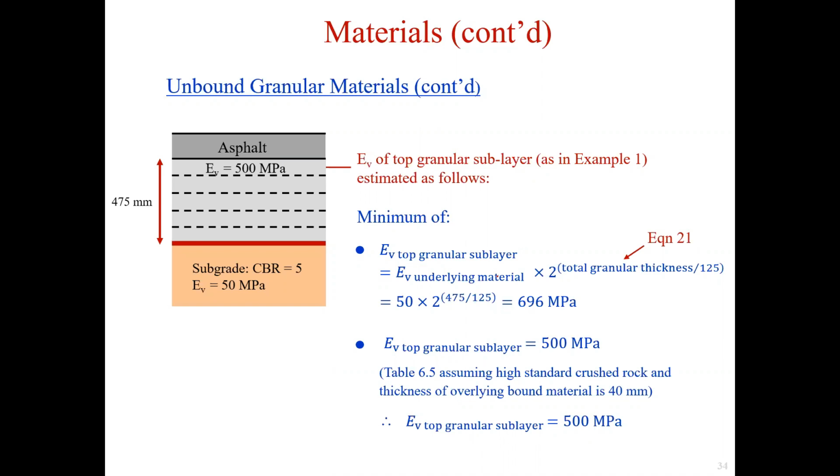Now let's go back to look at the previous example. According to the previous formula, equation 21, the EV is calculated as 696 megapascal, while assuming high standard crushed rock as granular material with 40 millimeter overlying bound material, and referring to table 6.5.